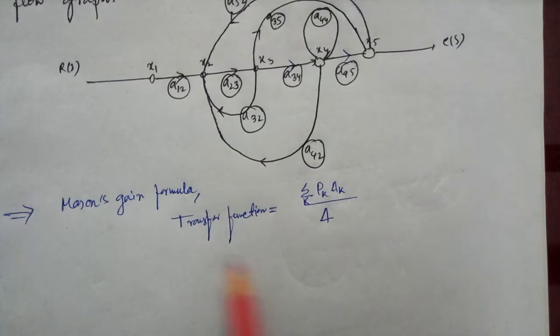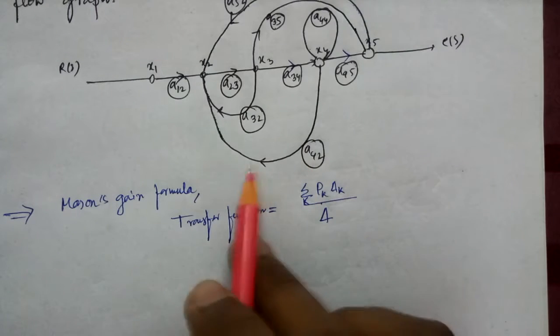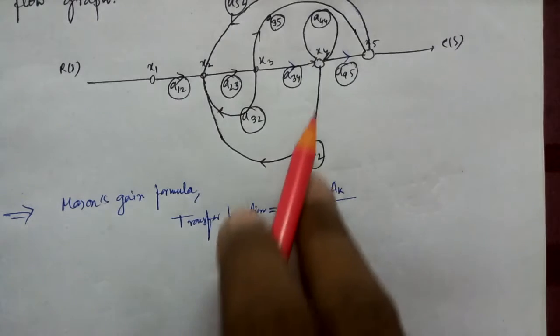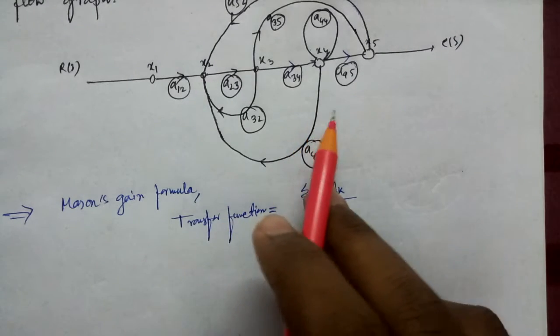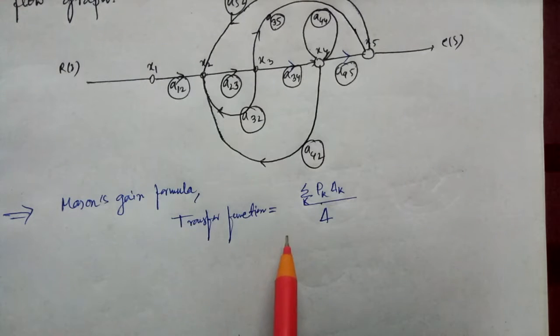From this formula we can calculate the overall transfer function of the given system, meaning we can find the output by input ratio.